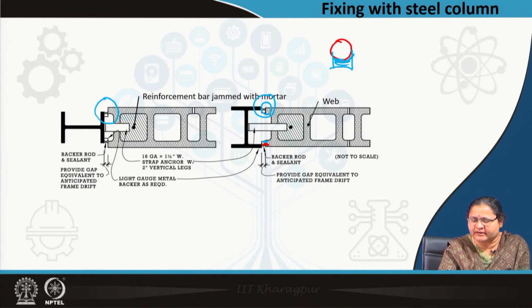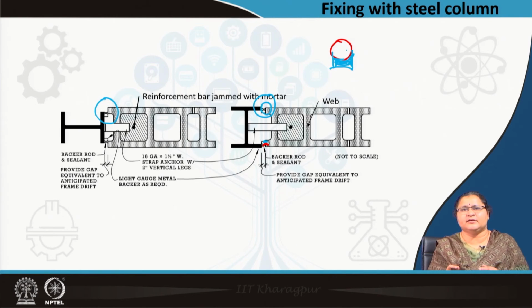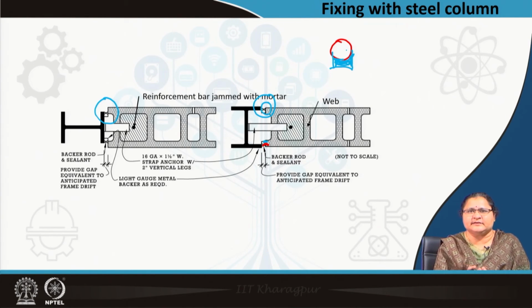So, the sealant cannot enter inside completely. This backer rod is giving the flexibility for the frame drift, it will allow any kind of movement, expansion, thermal movement, sway. This sealant and backer rod will be the cushion, and at the same time it is giving a water seal. So, no water can enter inside.